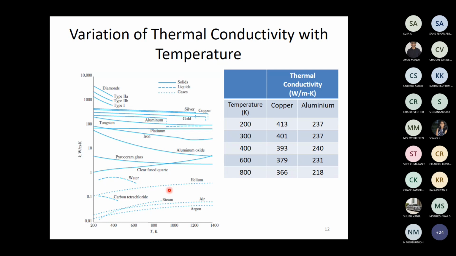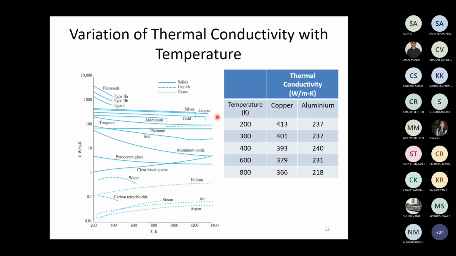They move more randomly and strike each other more frequently, and therefore the transmission of heat increases, thereby increasing the thermal conductivity. The same explanation cannot be given for solids, because for some solids the drop in thermal conductivity is minimal, but for some the drop is extremely large.